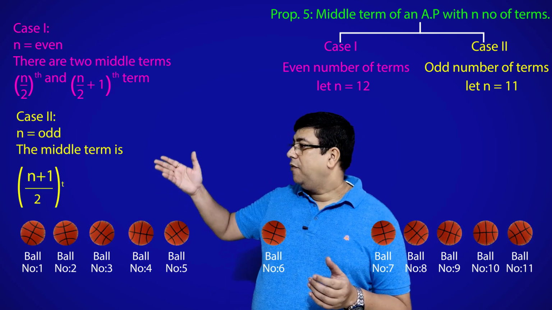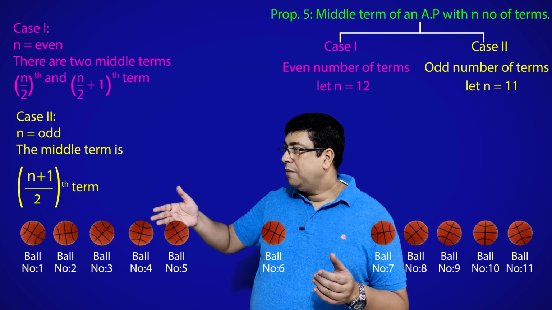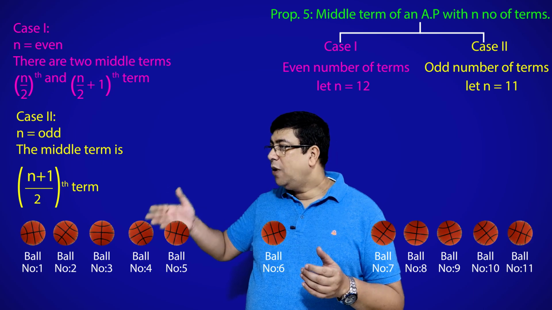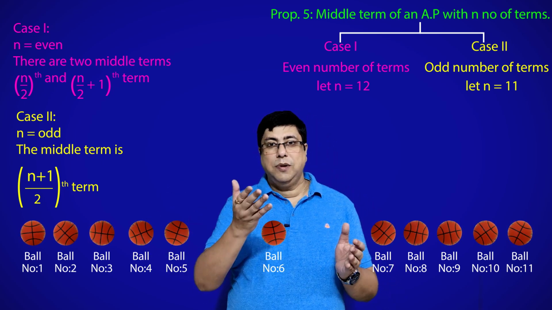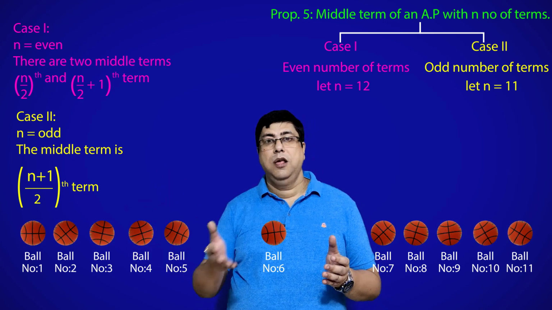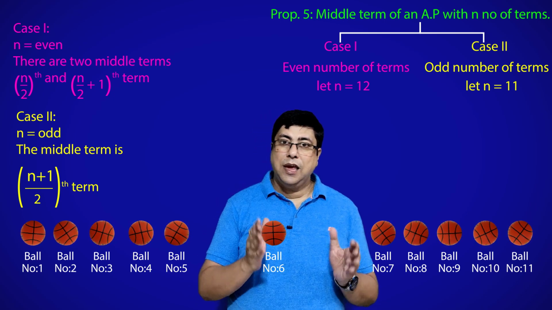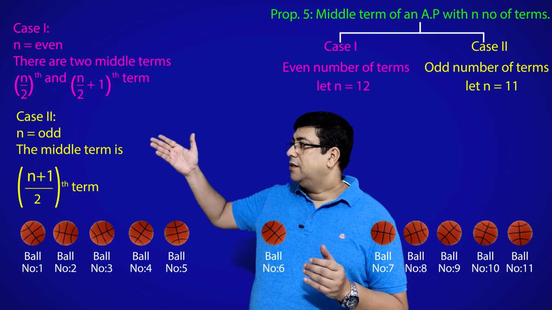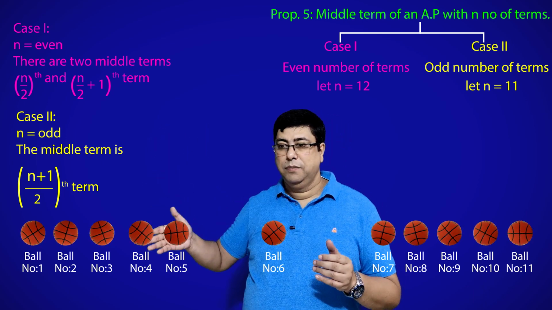If n is an odd number, the middle term is the n plus 1 by 2th term. In this case n equals 11. So just see one thing, 11 plus 1 by 2, that is the 6th ball, is the middle ball. Okay, everybody, have you understood? Once again, if n is even, it has 2 middle terms, and when n is odd, it has 1 middle term.